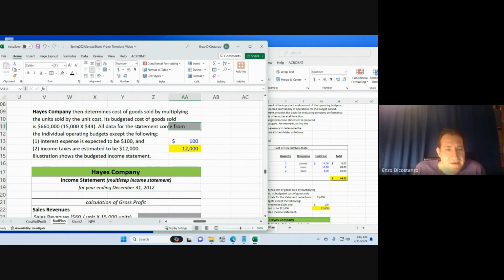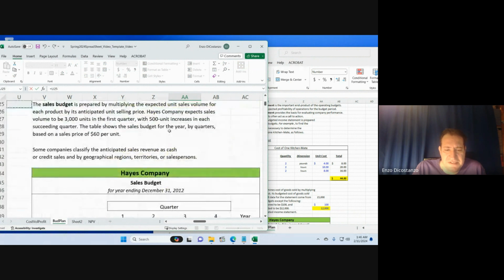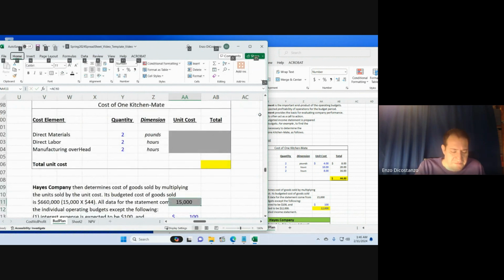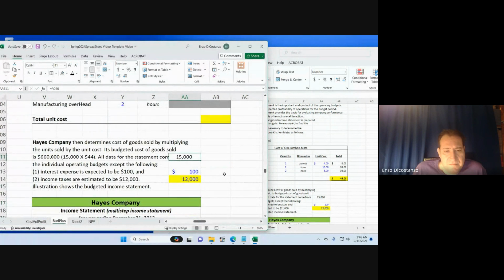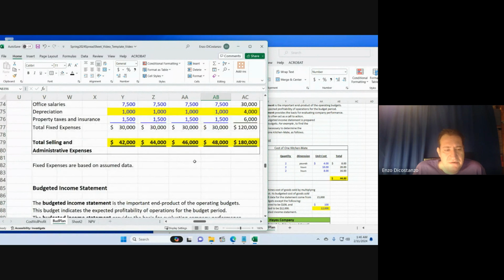And this other thing, this is how many goods you're selling, or you're anticipating selling, is 15,000. That's just from above. Okay. And we're going to group the unit costs in a second here.